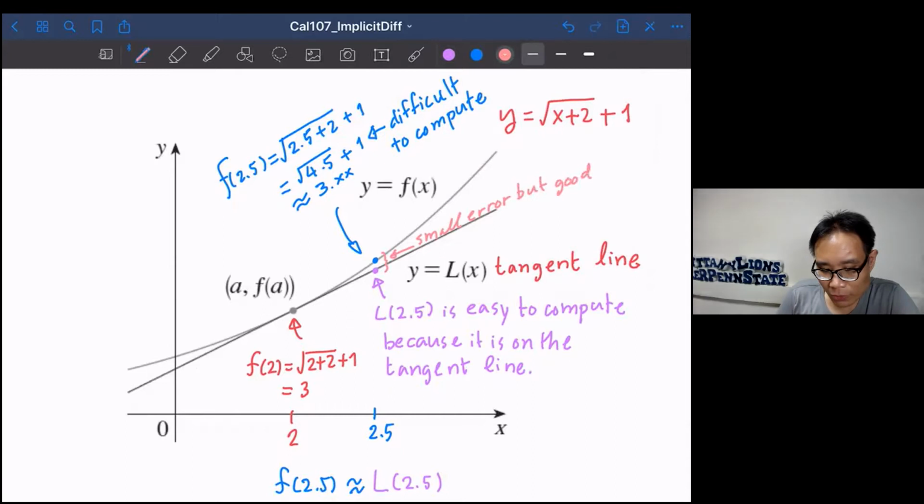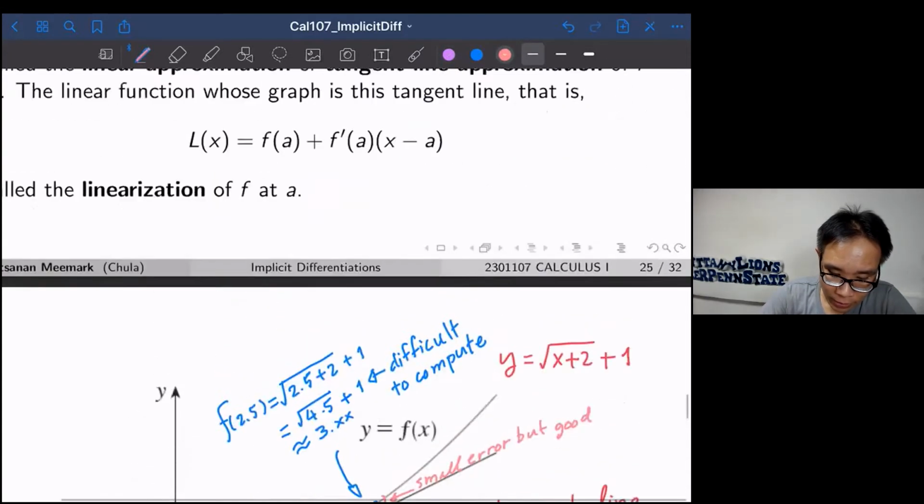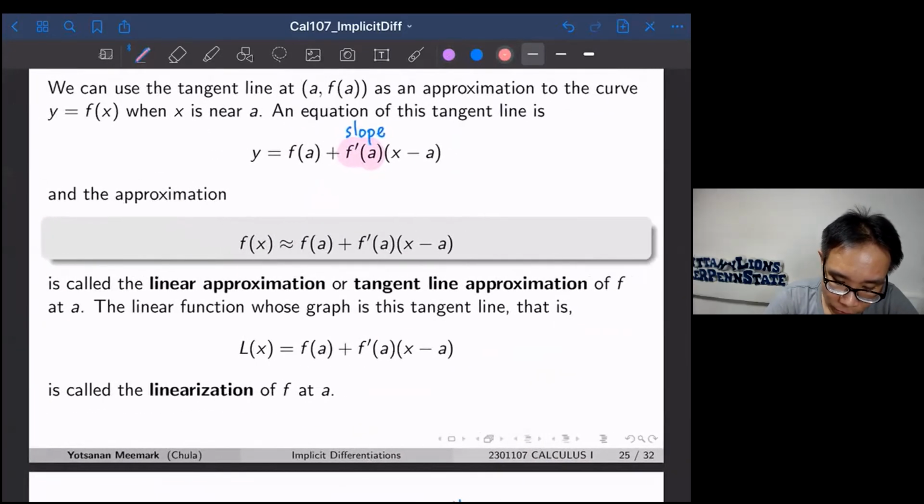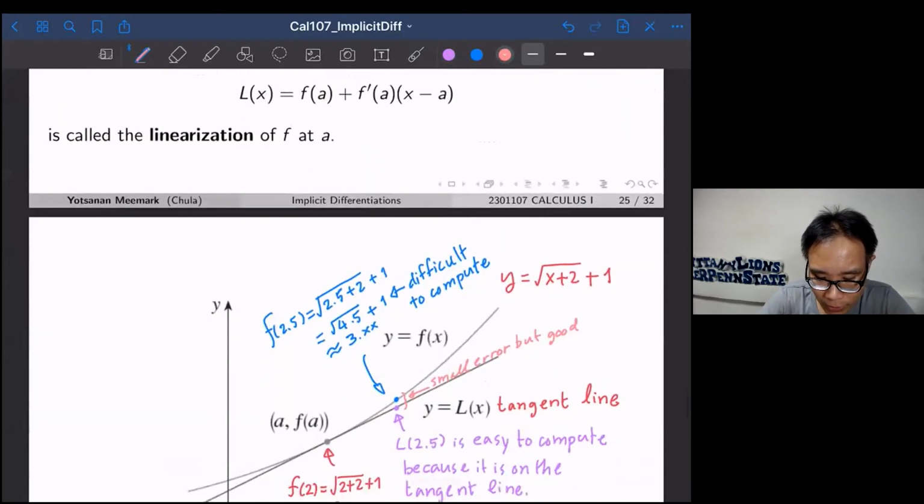So this is what I'm trying to say here: you're going to use L(x) in order to estimate the value of the function at x. This is called linear approximation.